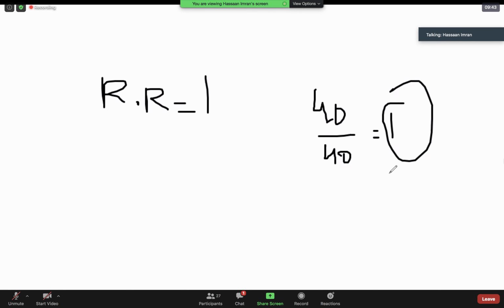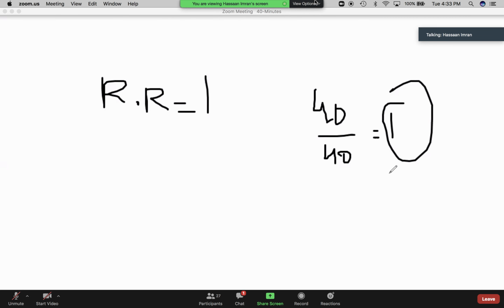So one means same, equal risk, equal chance, equal probability, equal events among exposed and non-exposed. What does this mean? That there is no association. We couldn't find any association between the risk factor and outcome, right?